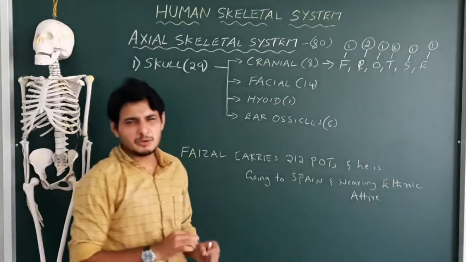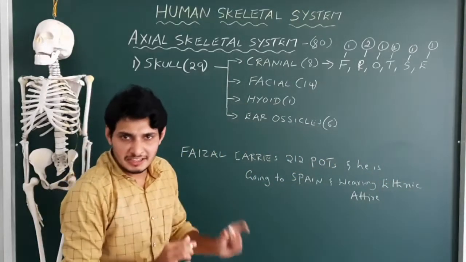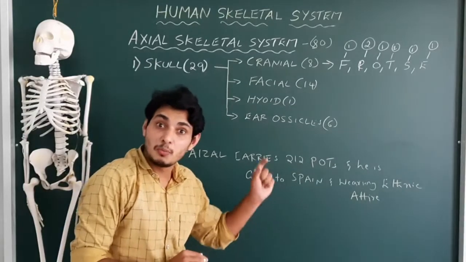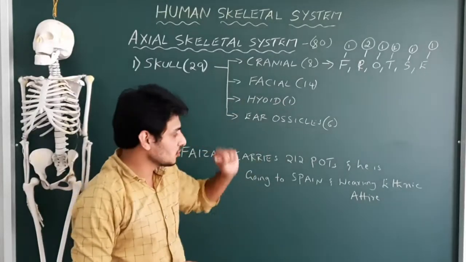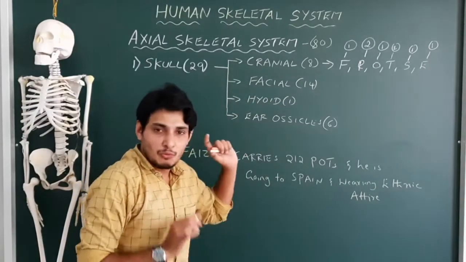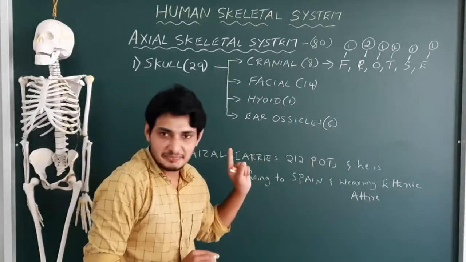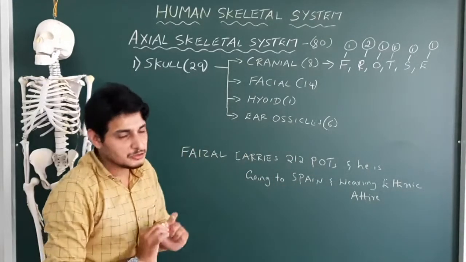See this, very simple. You can imagine a boy called Faisal. He is carrying 212 pods to Spain. Got it? He is going to Spain, and what is his attire? That is ethnic. Simple. So you can just imagine it, and it's very simple.